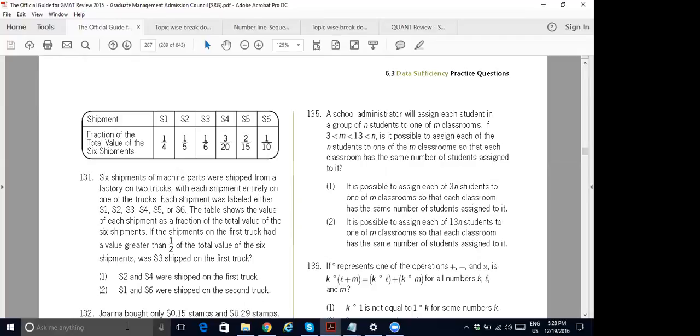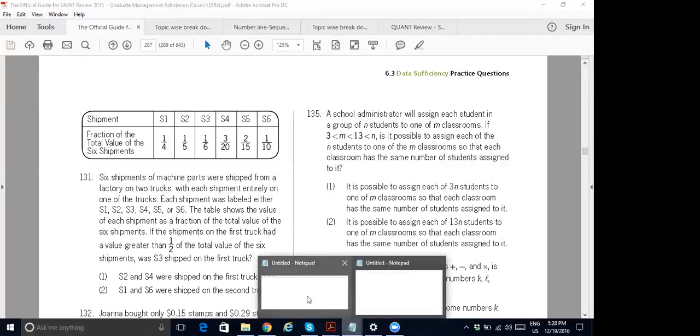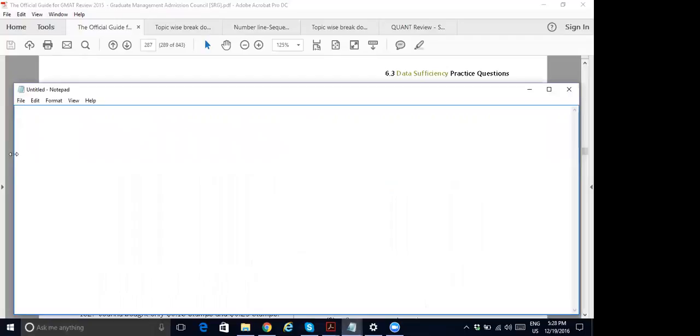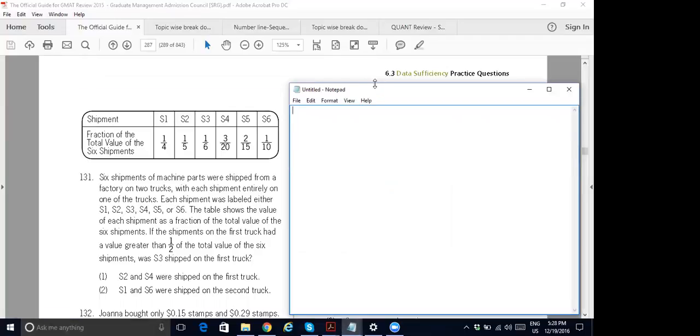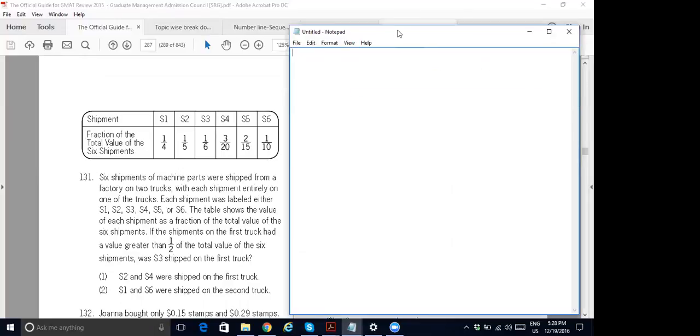Again, I would first make all the fractions in the form where the denominator is the same. This is how I would do it, to then compare the values, knowing S2 and S4 were on the first truck. The whole idea is, let's say this is T1 and this is T2.